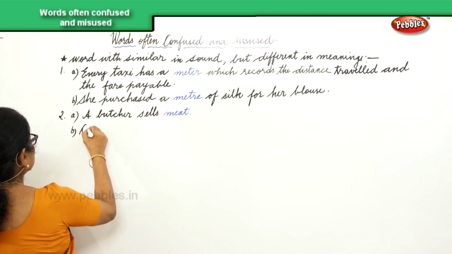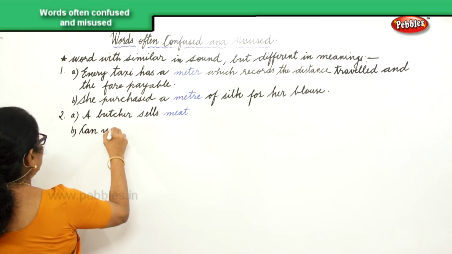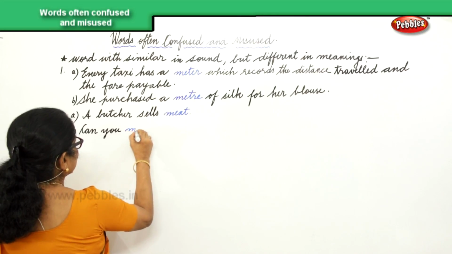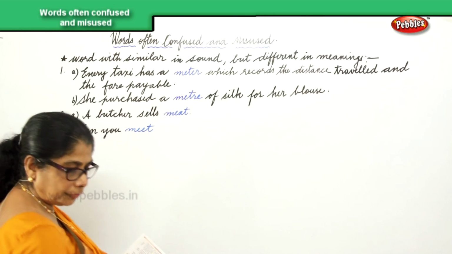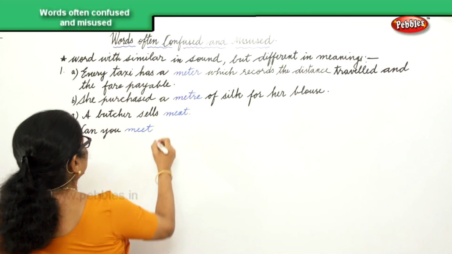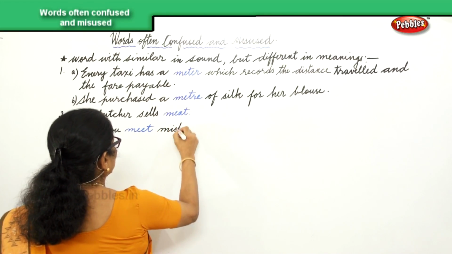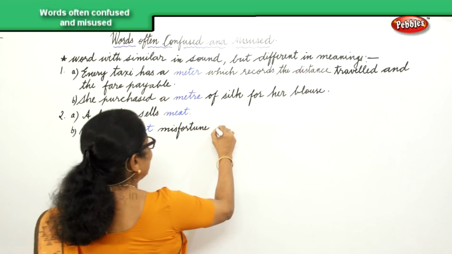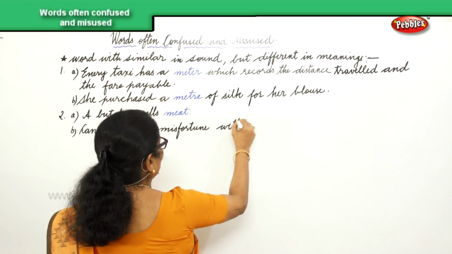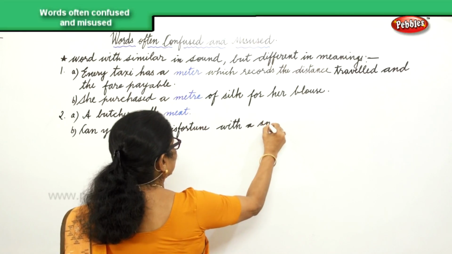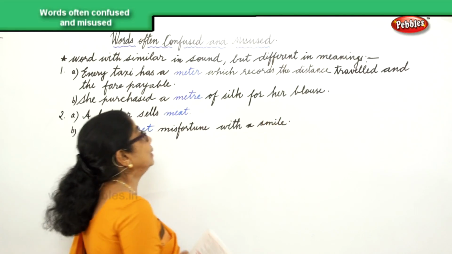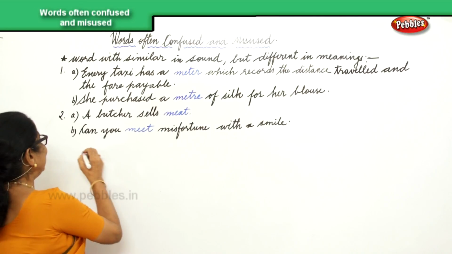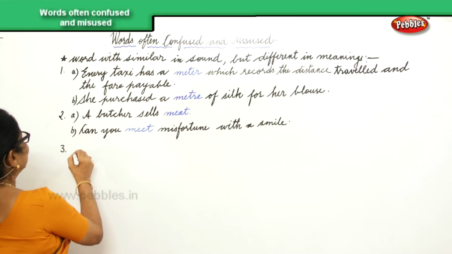Look at the spelling of meet. Can you meet misfortune with a smile? Look at the two different words, meat and meet. They sound the same, but have different spelling.